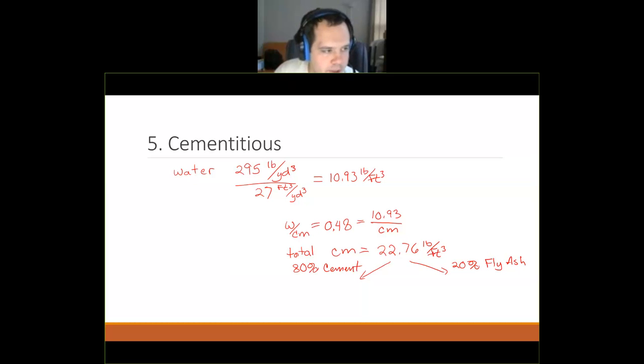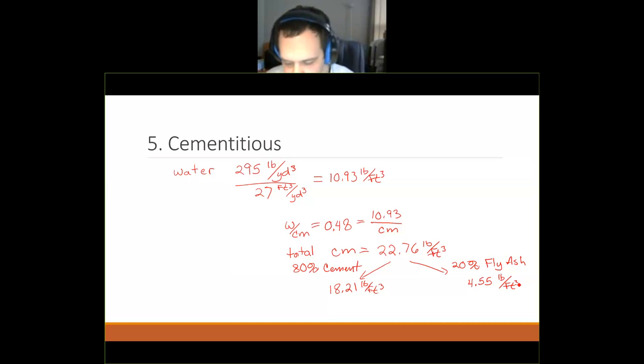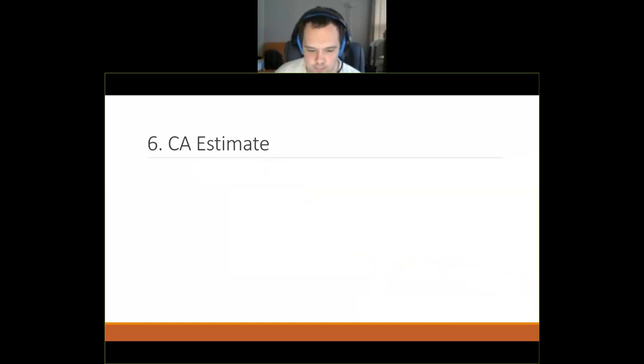When I break that up, I have 18.21 pounds of cement, and the rest, 4.55, for my fly ash. All right, so now I have my water, my cement, and my fly ash. Now we need to work on the aggregates a little bit.